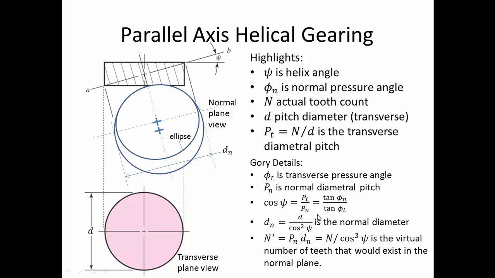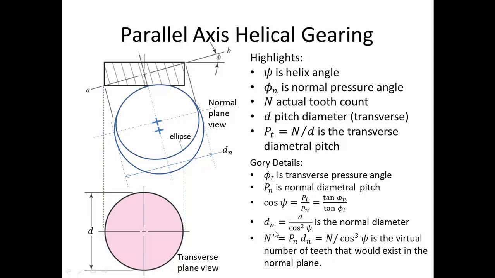These values are related to the cosine of psi, the cosine of the helix angle, in the following way: the cosine of psi is the transverse diametral pitch divided by the normal diametral pitch, and it is the tangent of the normal pressure angle divided by the tangent of the transverse pressure angle.